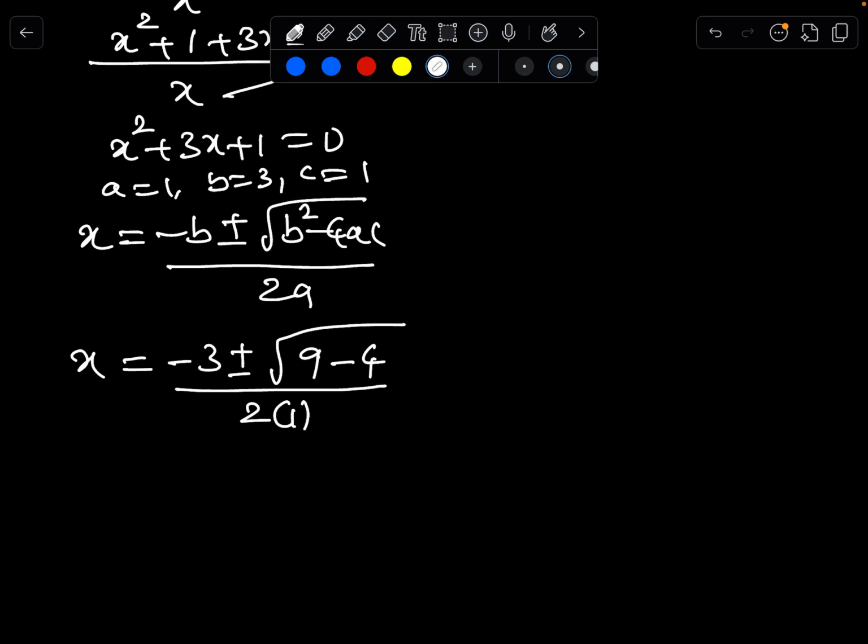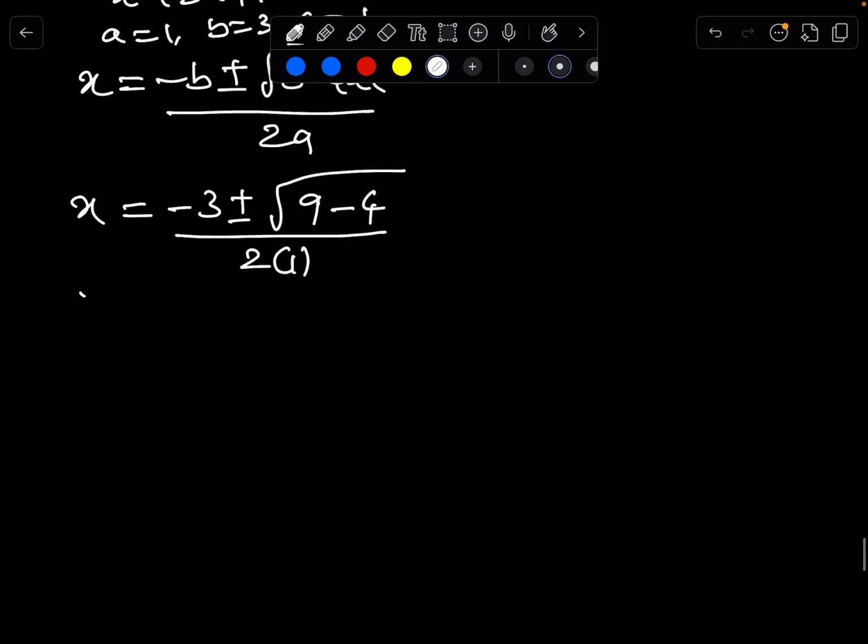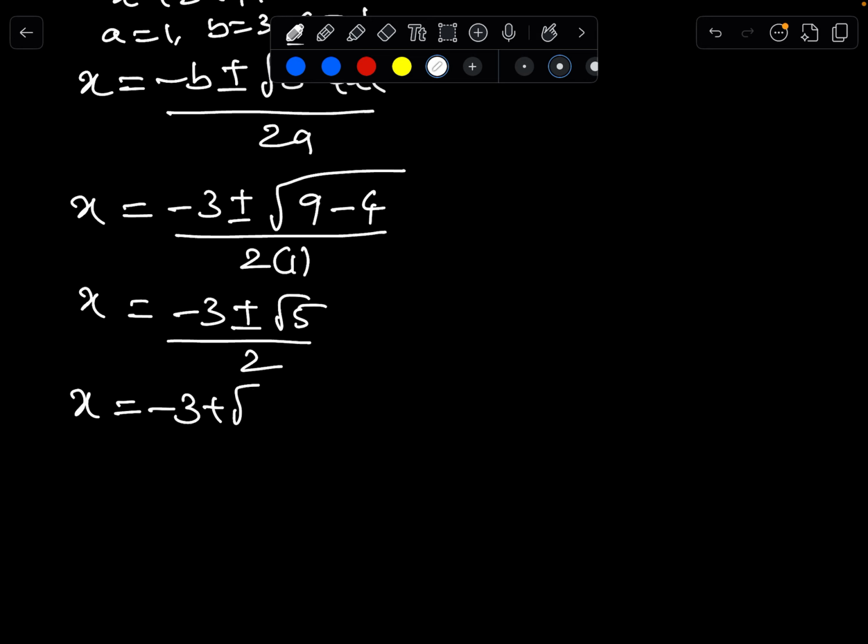Then x equals minus 3 plus or minus root 5 by 2. So x values are minus 3 plus root 5 by 2 and x equals minus 3 minus root 5 by 2.